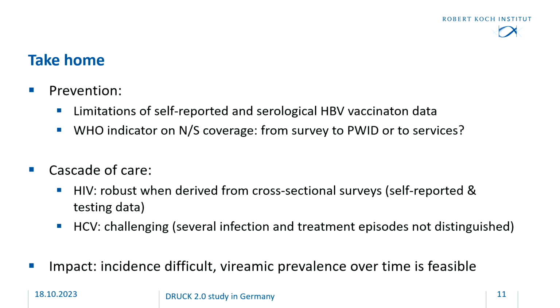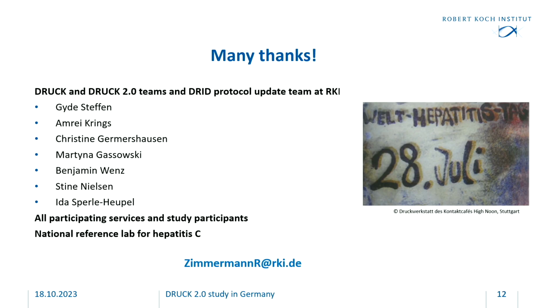Regarding cascade of care for HIV, we think it's robust when derived from cross-sectional surveys. However, for HCV, it's challenging and it's not very precise. And regarding impact, incidence is difficult, but viremic prevalence over time is very feasible. Thank you very much.